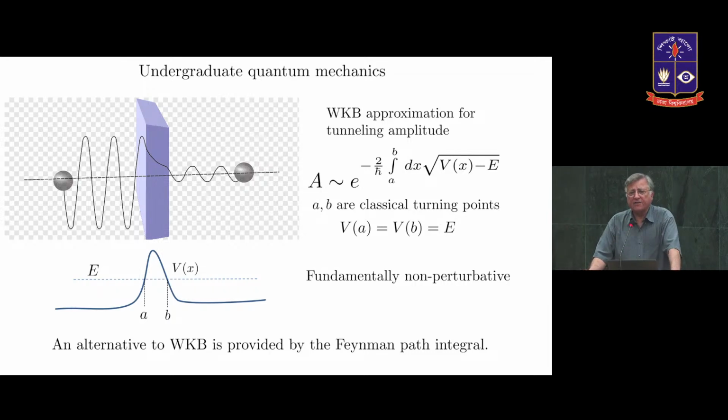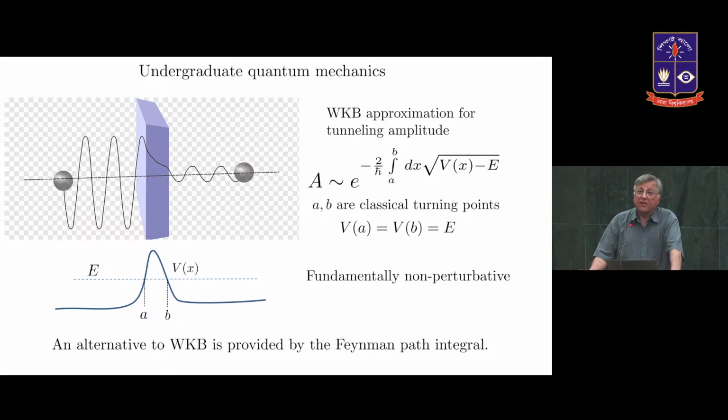So you have classical turning points where the energy of the particle is equal to the energy of the barrier. And so you do an integral from A to B, and you get an answer, and that answer is actually correct. You can check it numerically.